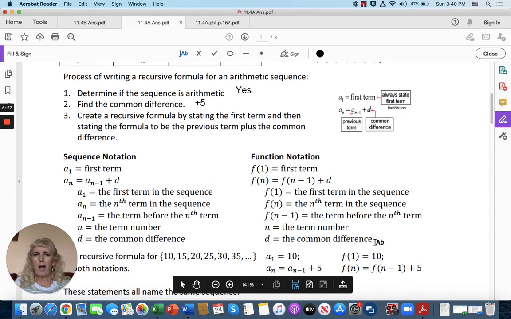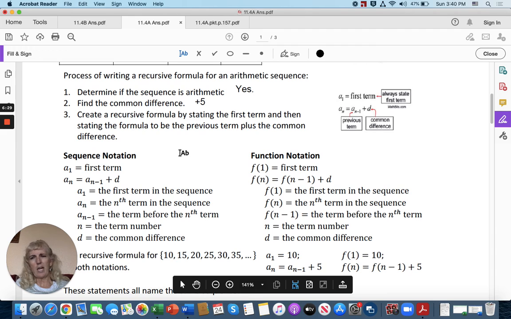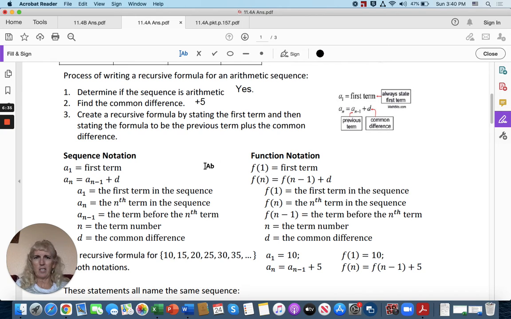So we're going to practice, and here's just some notation, and I put this also online for you. The first term is a1 in sequence notation. That same first term in function notation is f of 1. This one over here, a sub 1, equals the first term. a sub n equals a sub n minus 1 plus d.